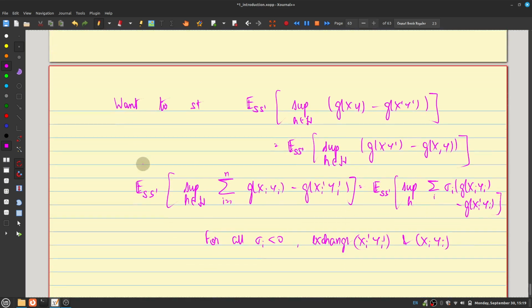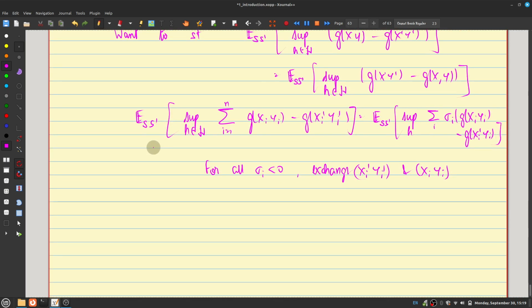This quantity is nothing but the integral over all xn yn, the integral over all x prime n y prime n, of f.